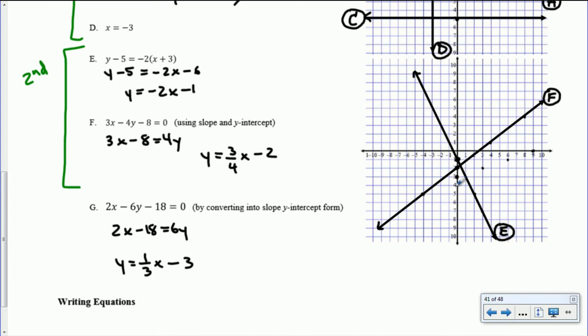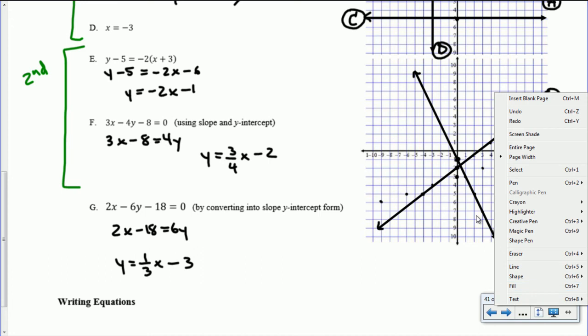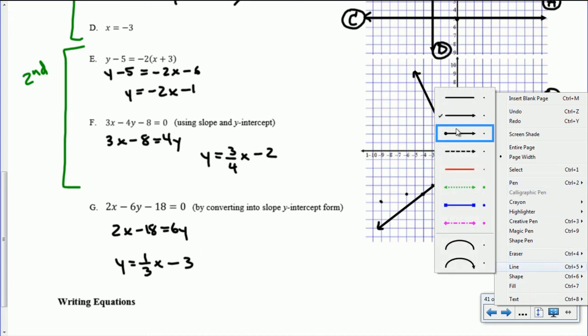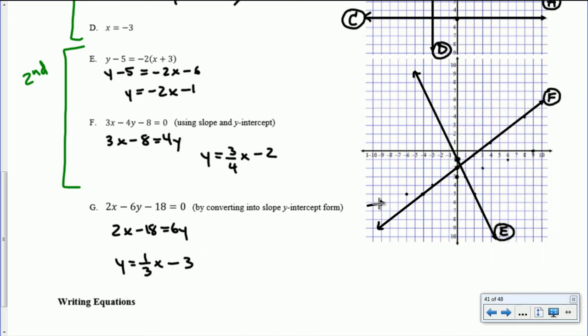The other direction, down 1, left 3, down 1, left 3, down 1, left 3. So let's connect them. Alright, so that would be G.